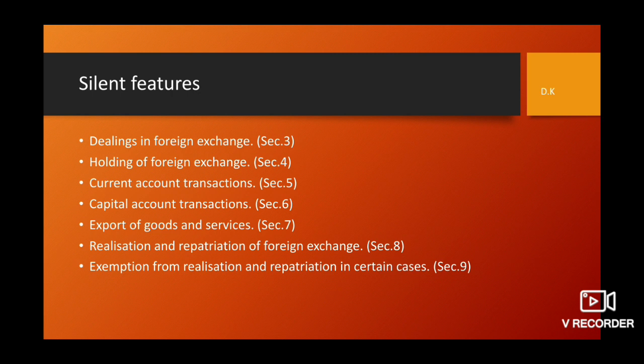Foreign exchange held by a person resident in India up to such limit as the Reserve Bank may specify, if such foreign exchange was acquired by way of gift or inheritance from a person referred to in clause C, that is foreign exchange acquired before 1947, including any income arising therefrom.